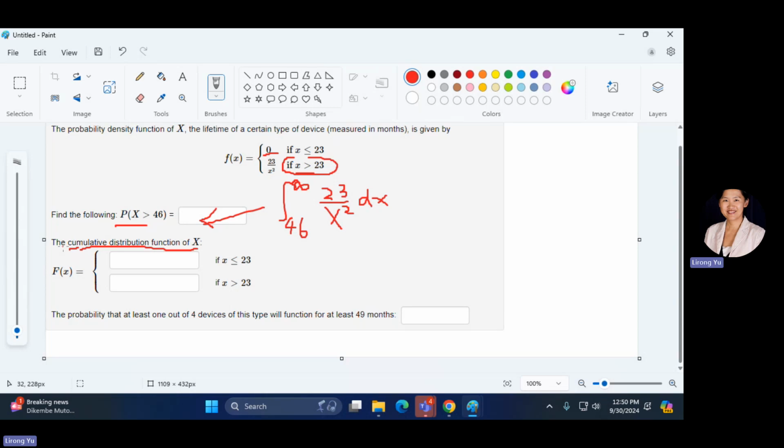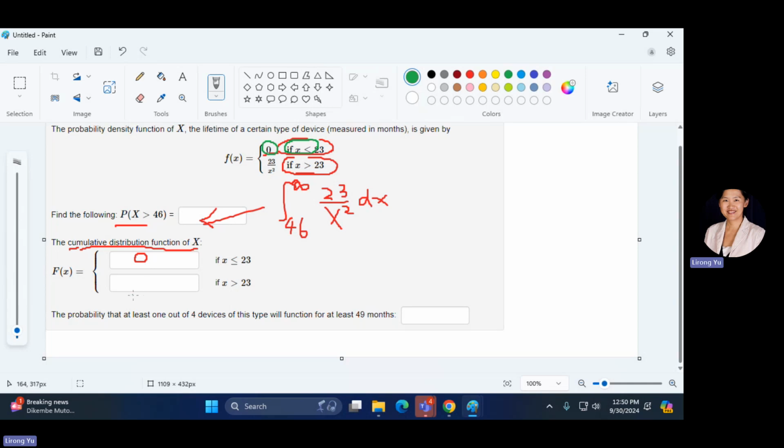When the value is small, the probability is 0; when the value is bigger, the probability is equal to 1. So the beginning part is 0, because for x less than 23 the density function equals 0, so the CDF will also be 0.